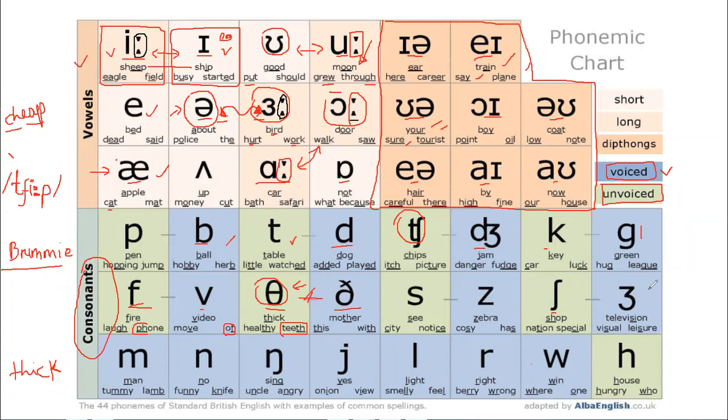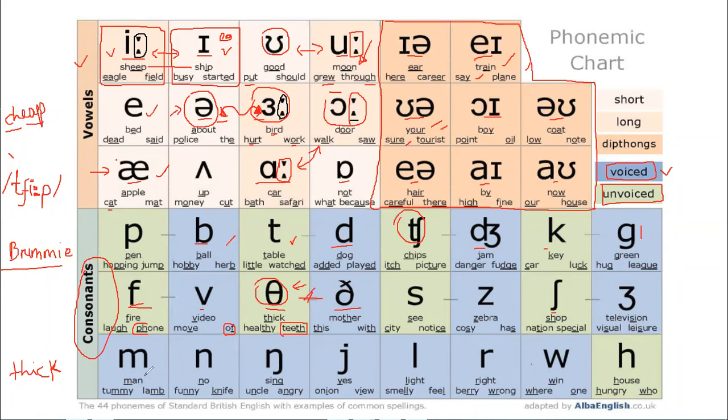Then we have the sound Z, como abeja: television, visual, leisure, pleasure. Generalmente este sonido se encuentra cuando hay una S entre dos vocales. Leisure, es un sonido muy raro. Se hace con los dientes y la lengua aplastada.